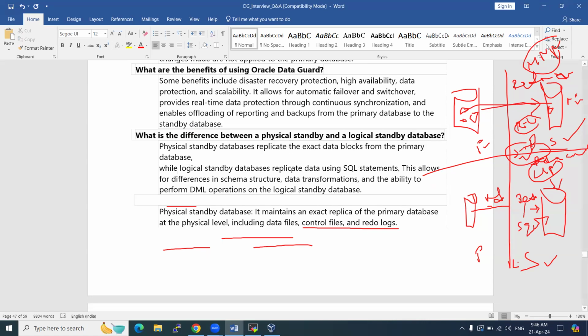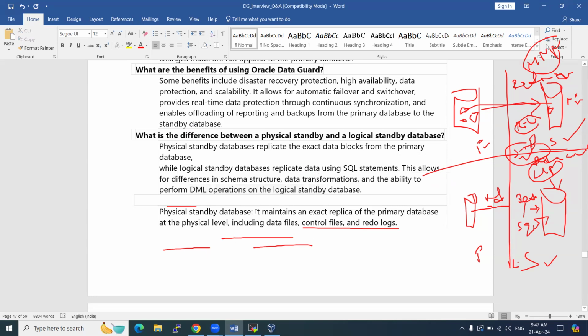But a logical standby database replicates your primary using SQL statements. So there can be different schema structures, data transformations, and other differences. It is not similar to your primary, but it applies the SQL. Both can be in read-only mode.